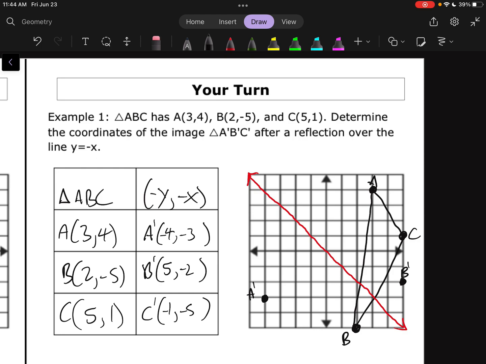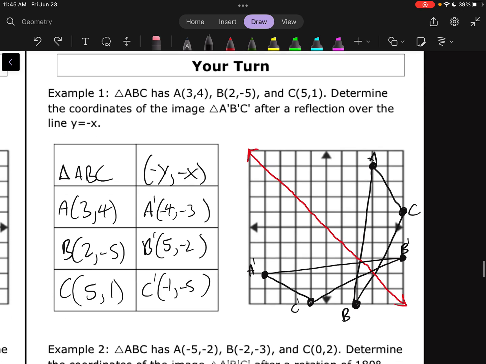That's B prime. And then negative 1, negative 5 is down here. That is C prime. So how does this look? That looks pretty good to me. It looks like we flipped everything right around. So that should be how your final image looked.